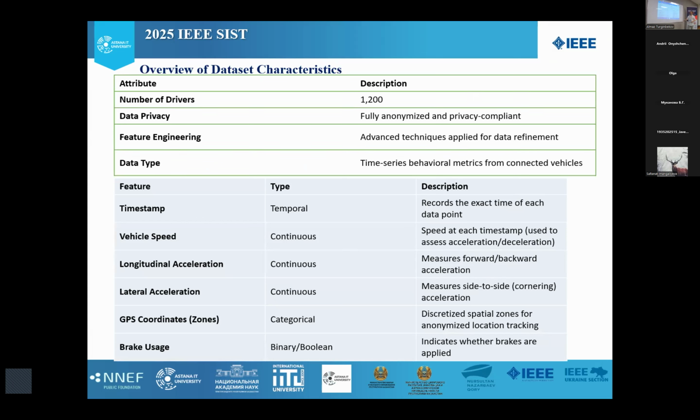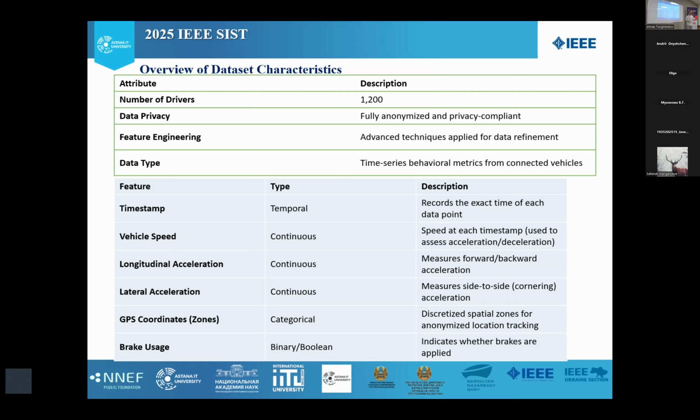The data covers 1,200 drivers. All data is fully anonymized because under the Colombian GDPR we cannot use the real data. For example, for vehicle speed, we cannot use the real value.